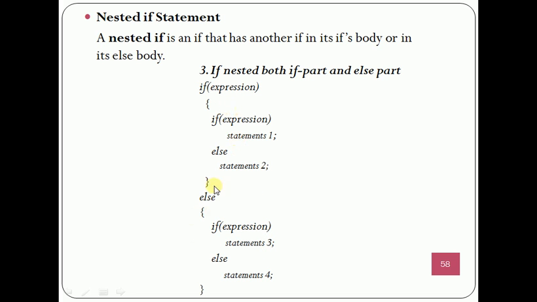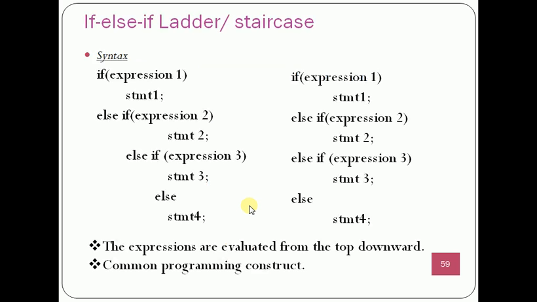In this case, this is the outer if else, and to the if part and also to the else part, we have added another if else. So the formation of a nested if by adding another if else, or simple if, or another if else structure to an outer if else, that is called nested if.